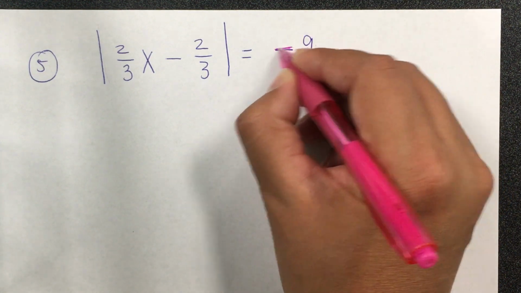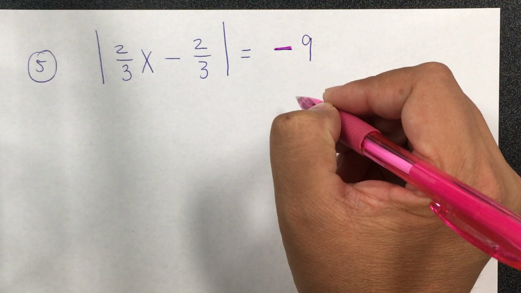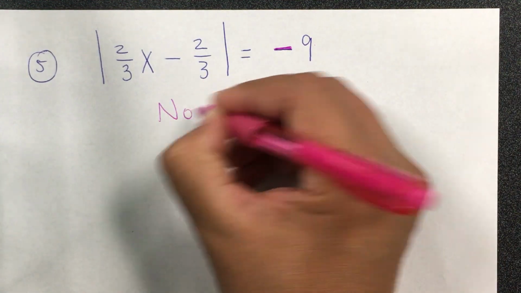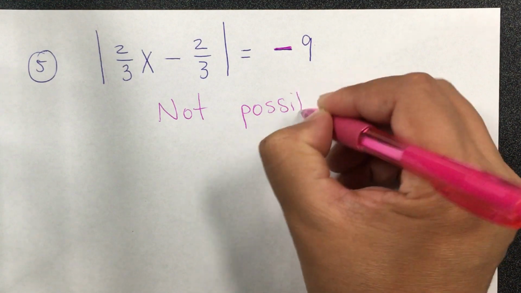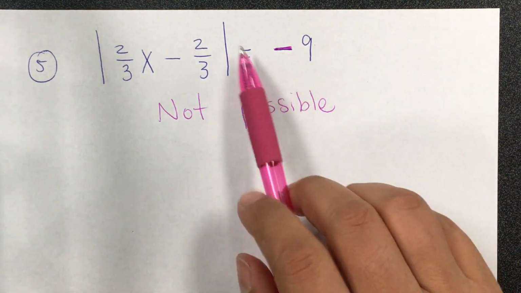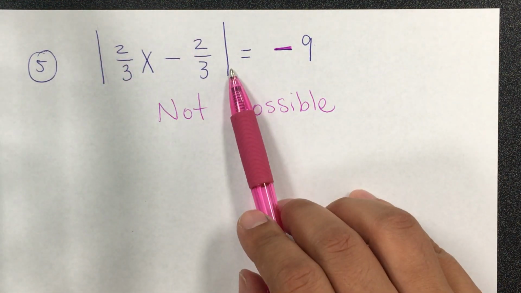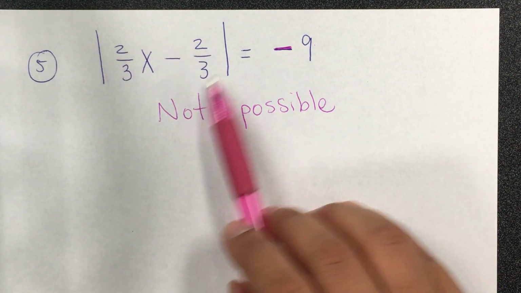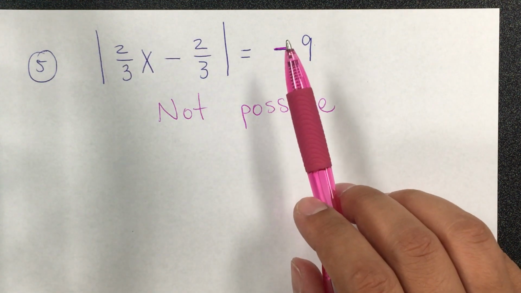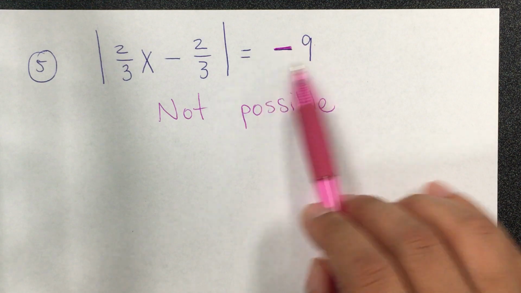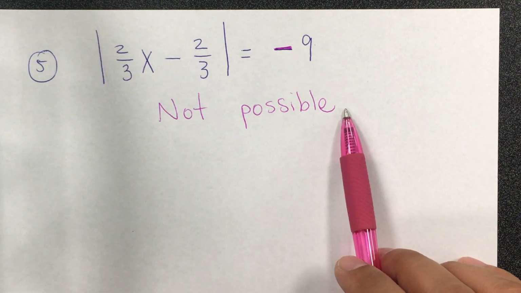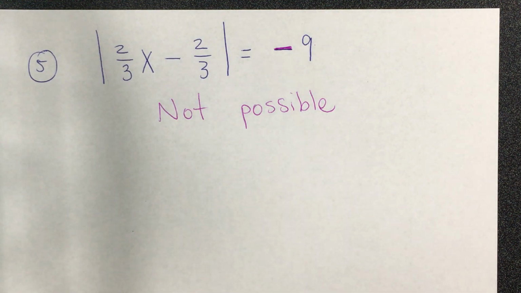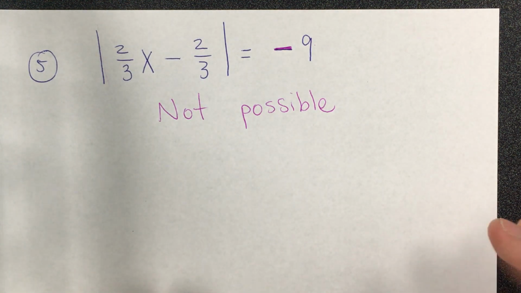So as soon as you see that, you're just going to put not possible. Why? Because the absolute value of an expression will always be positive, okay? Again, if you see the negative in the answer after the absolute value, then you just put not possible. And you can't do anything, you cannot solve for this one.